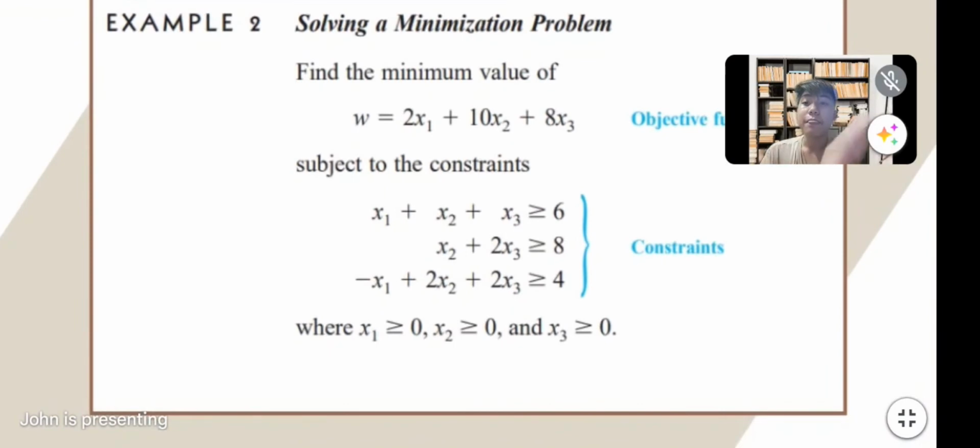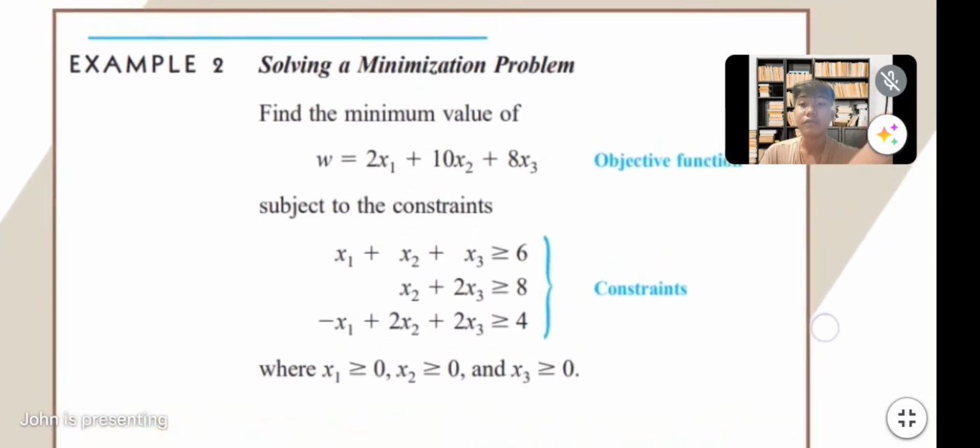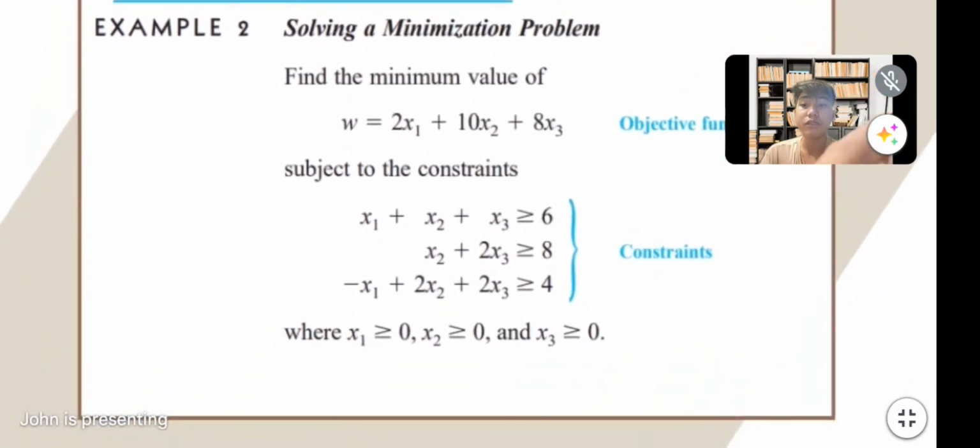Find the minimum value of w equals 2x sub 1 plus 10x sub 2 plus 8x sub 3. So this is the objective function subject to the constraints.